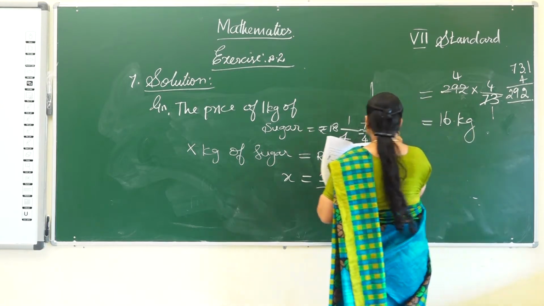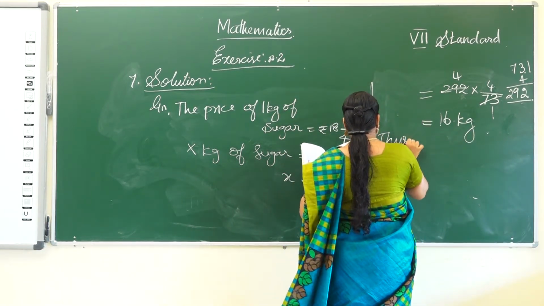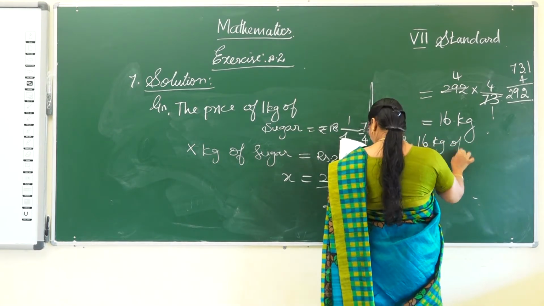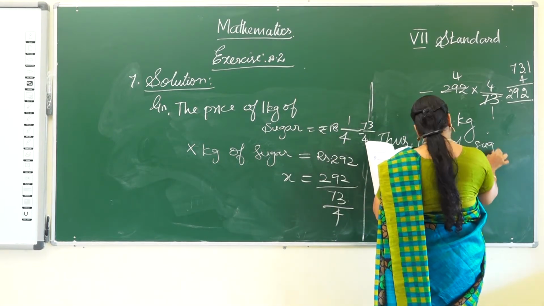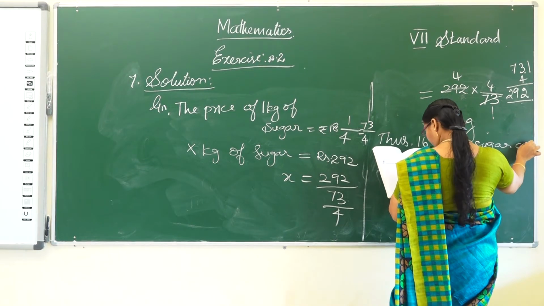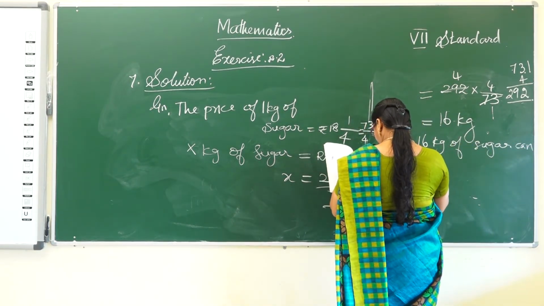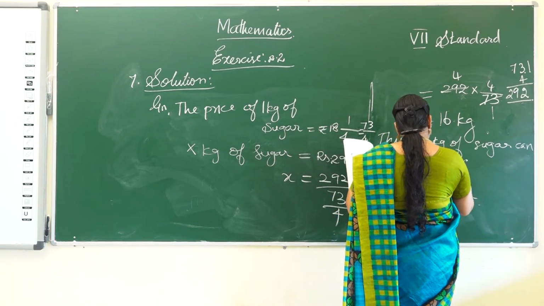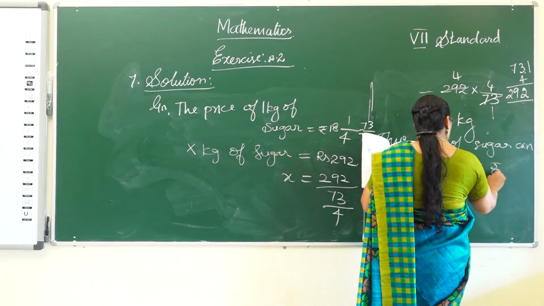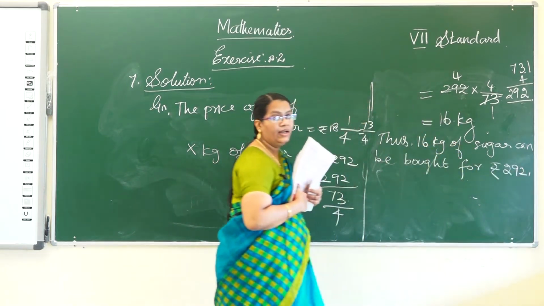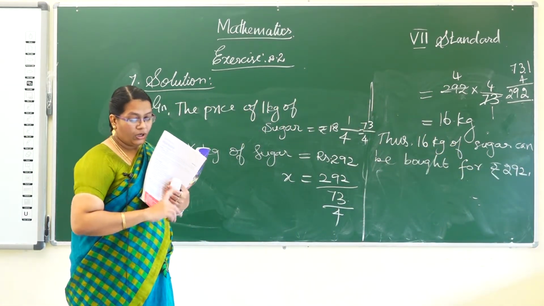Thus 16 kg of sugar can be bought for rupees 292. I hope you all understood.